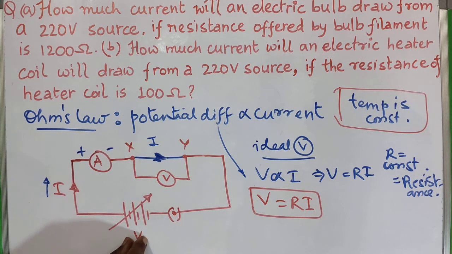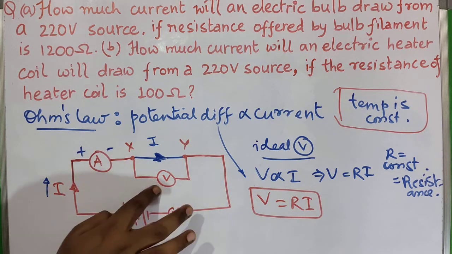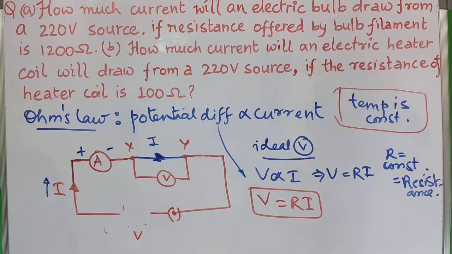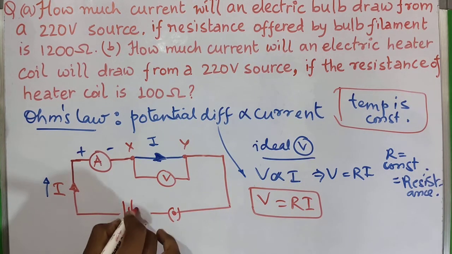My voltage source, right? The potential difference across the circuit is maintained by the source. So when I'm keeping the voltage constant across my conductor, let me make it a constant source then. So this is my constant source.